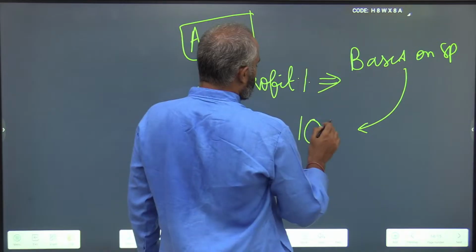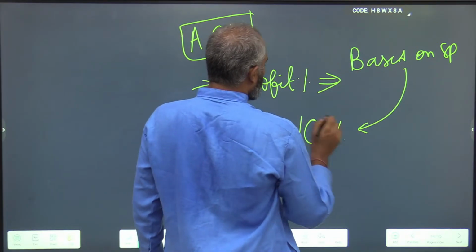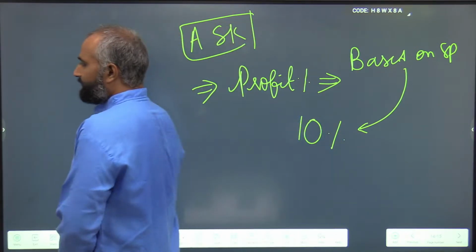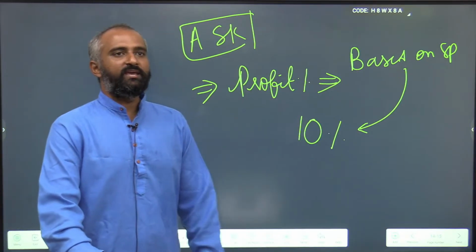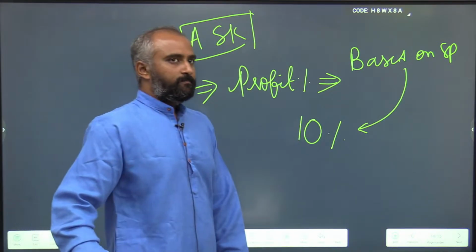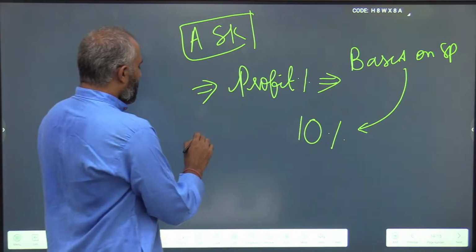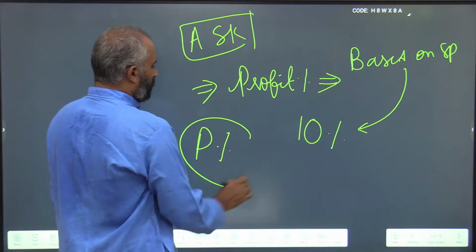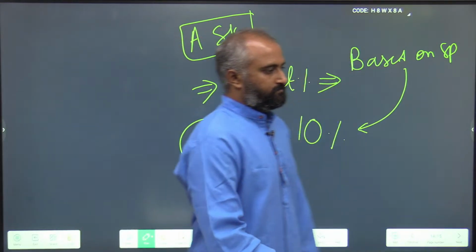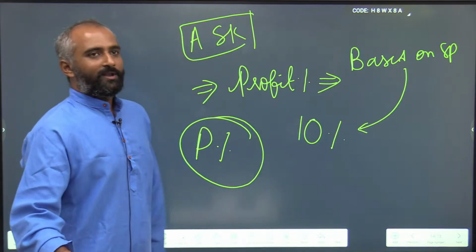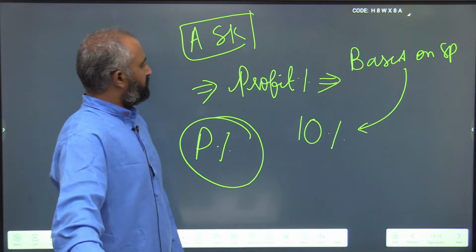He has calculated his profit based on SP and he found it to be 10%. What is the actual profit percent?